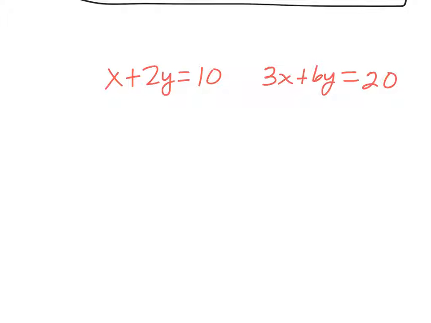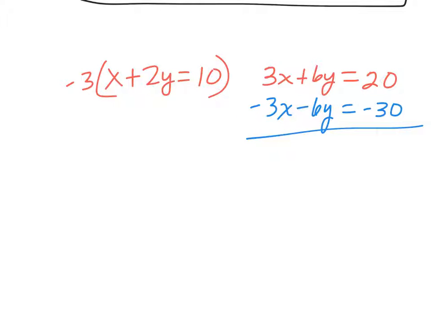X. So maybe multiply this by negative 3. If I do that, that'll give me negative 3x minus 6y equal to negative 30. If I do that, both of these cancel. I get 0 equal to negative 10.